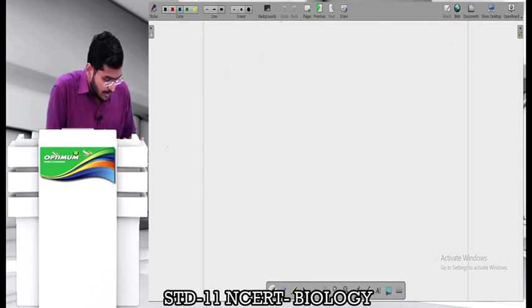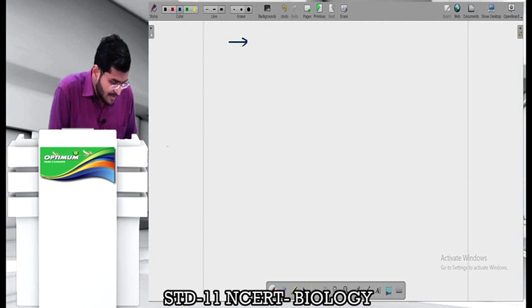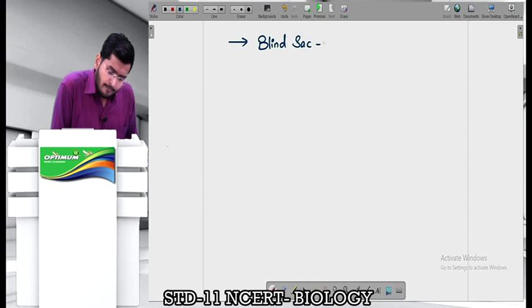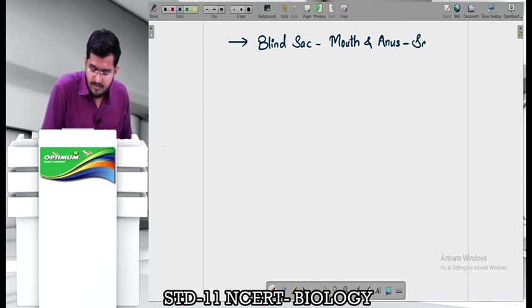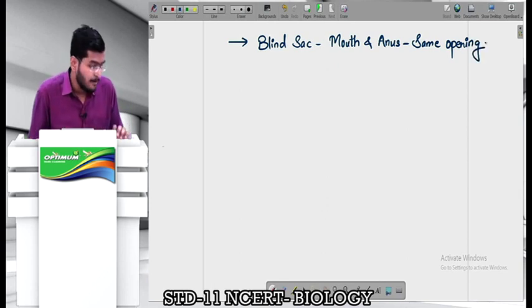Right, now let me tell you that these organisms have a blind sac body plan. Now, blind sac body plan means mouth and anus are going to be the same opening. I know it sounds very weird, right? We can't even imagine the mouth and anus being the same opening. They have a blind sac body plan.